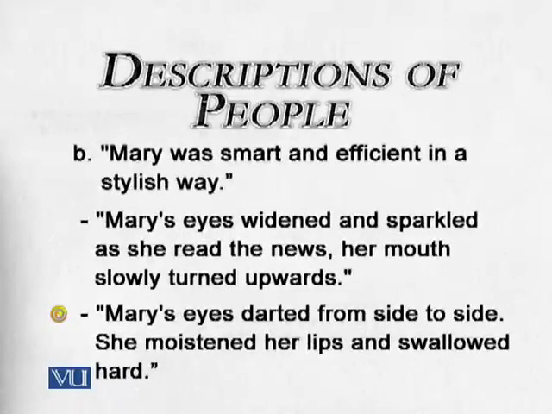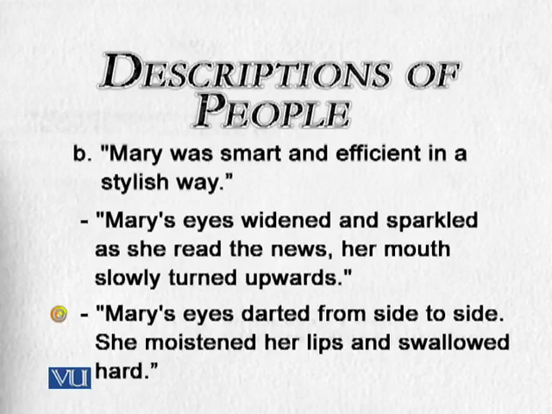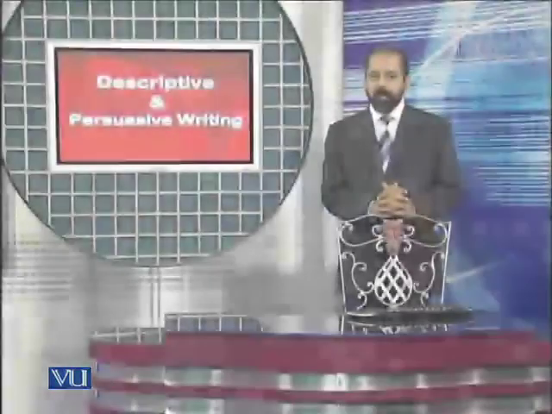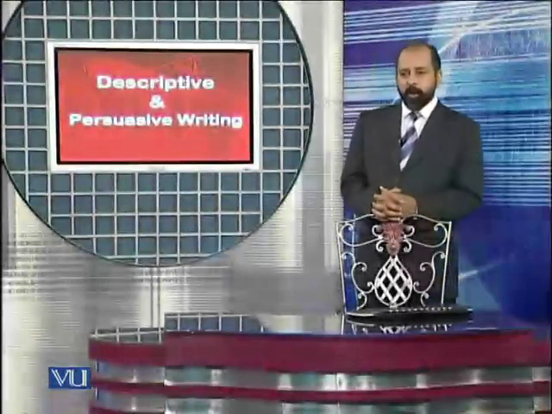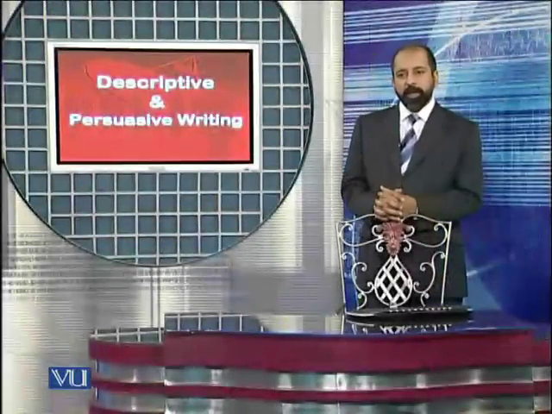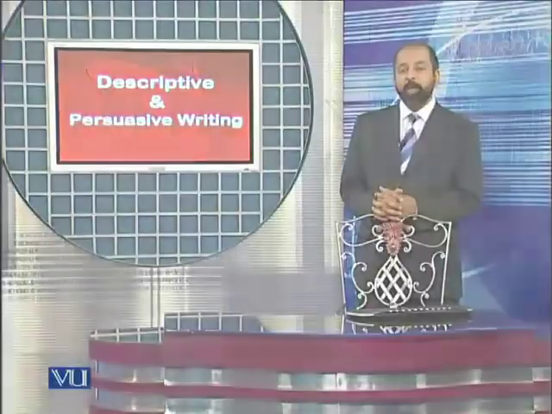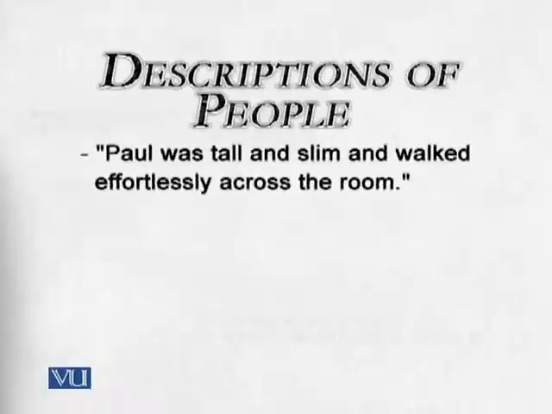Now look at this, the powerful verb actually, darted from side to side. She moistened her lips and swallowed hard. When we say her face turned up, actually, the phenomenon inside was she moistened her lips and swallowed hard. Another example, Paul was tall and slim and walked effortlessly across the room.